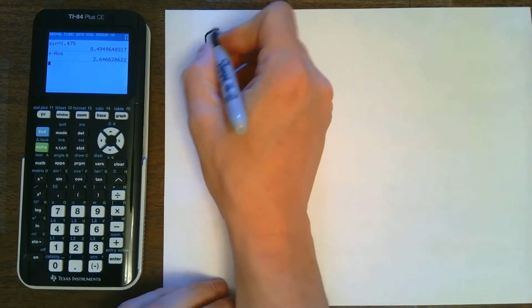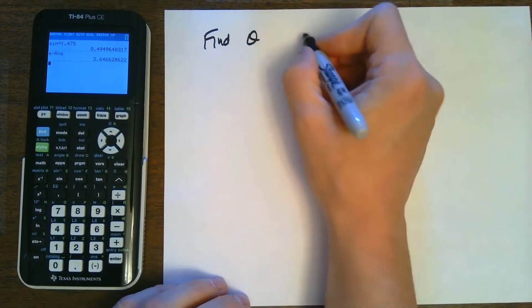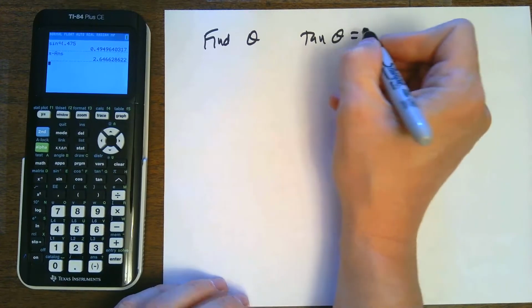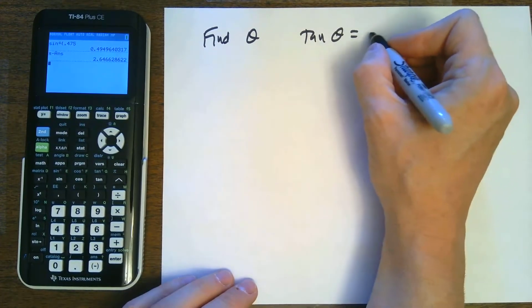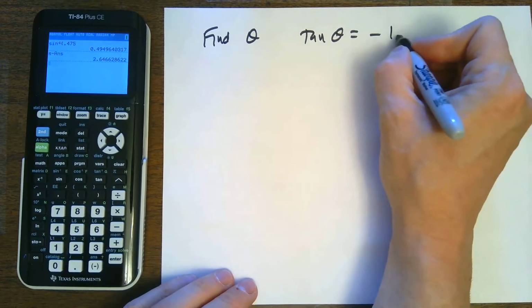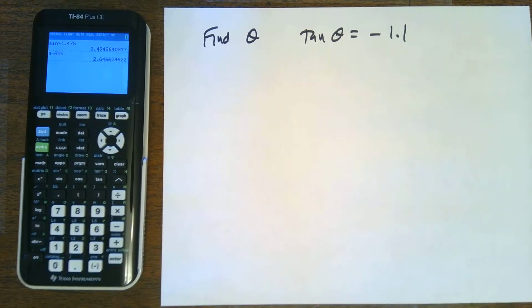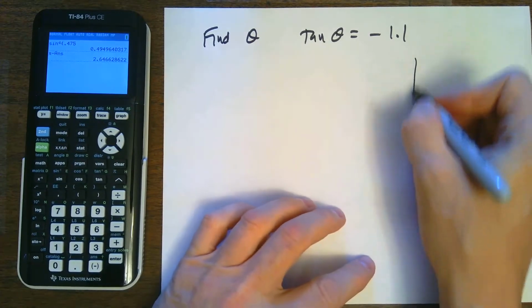All right, let's take a look at another one. Suppose I want to find theta given that the tangent of theta is negative 1.1. So tangent's negative. What quadrants are we talking about?